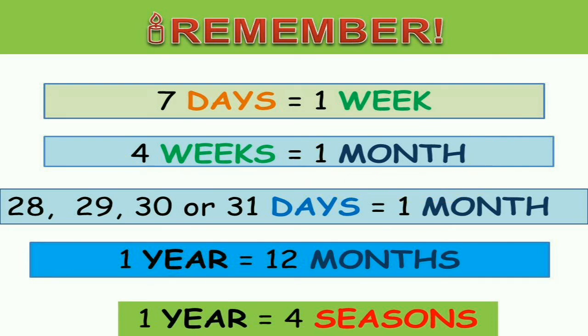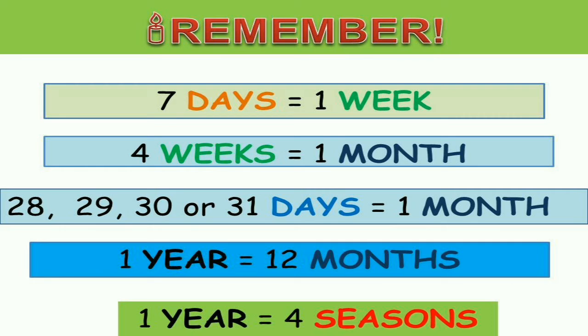So in a month, we have 4 weeks. 7 days is equal to 1 week, and 4 weeks is equal to 1 month. And 28, 29, 30 or 31 days is equal to 1 month. In a month, we have 28, 29, 30 or 31 days.